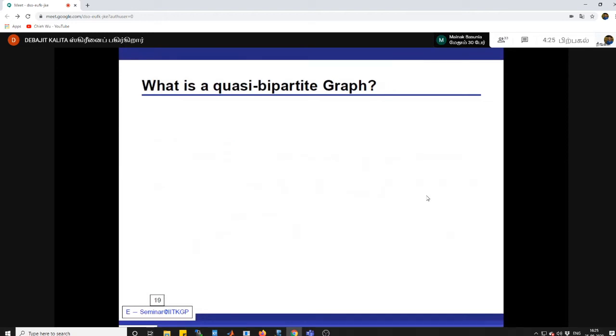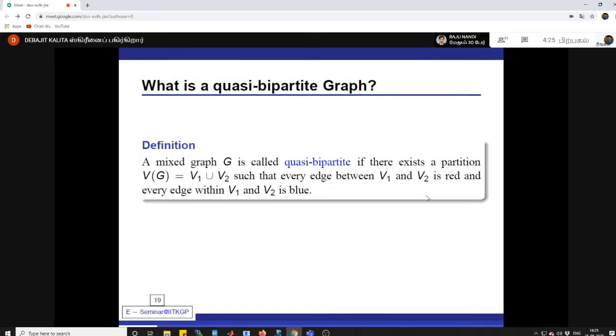So that is the question of quasi-bipartite. People call that type of graph a quasi-bipartite graph. Now what is a quasi-bipartite graph? Mixed graphs are called quasi-bipartite if we can partition the vertex set into two subsets, V1 and V2, such that the edges joining a vertex of V1 and a vertex of V2 are all red edges, and edges within V1 and V2 are all blue edges.